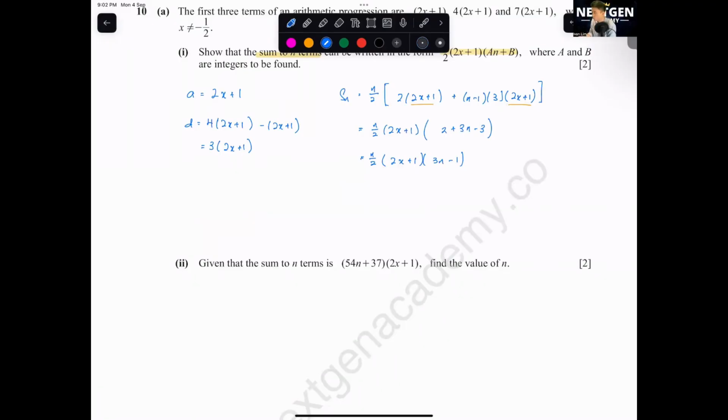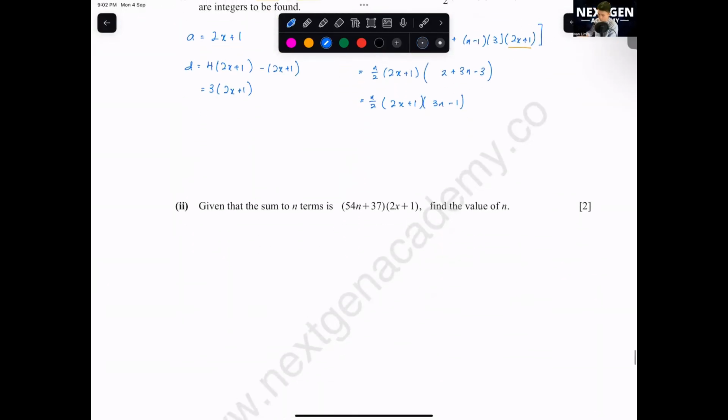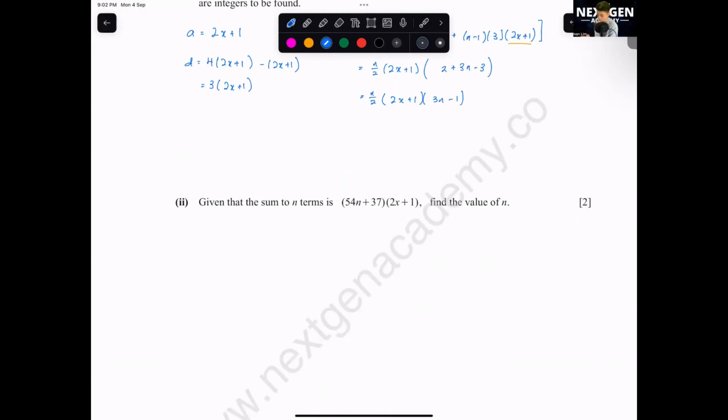This one also, I'm not so sure why it is only 2 marks for the working. So take the equation that we found just now, n over 2 times (2x plus 1) times (3n minus 1), equal to (54n plus 37) times (2x plus 1).